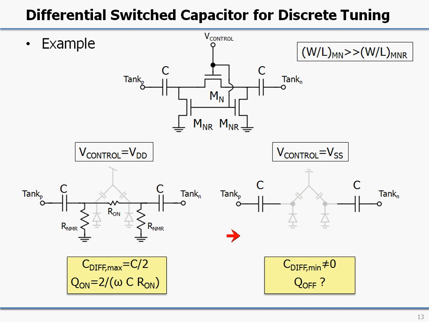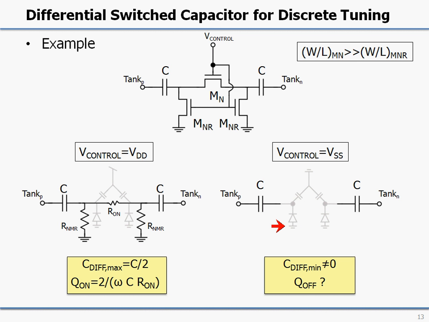Now, when we turn this structure off, unfortunately it's not very good to see, but we are left with the parasitics of the transistor: overlap capacitance, diode capacitance.